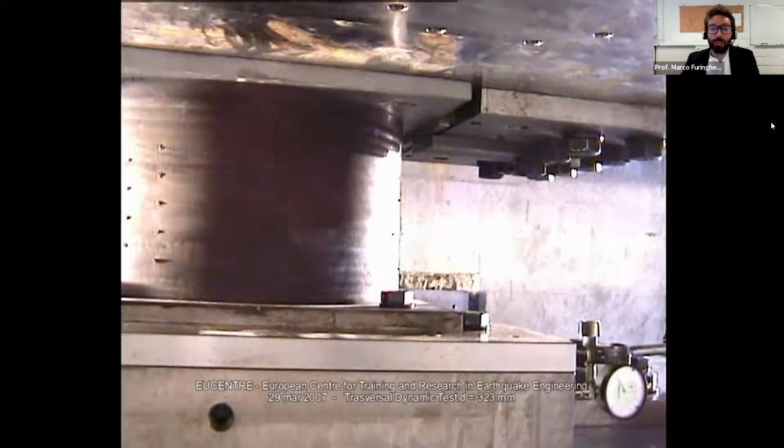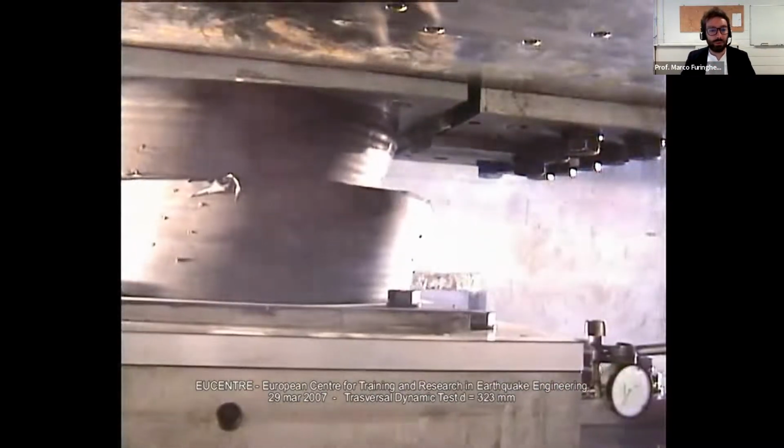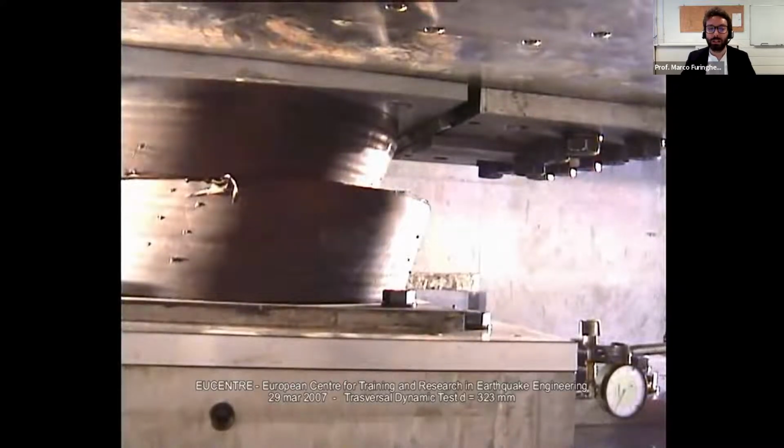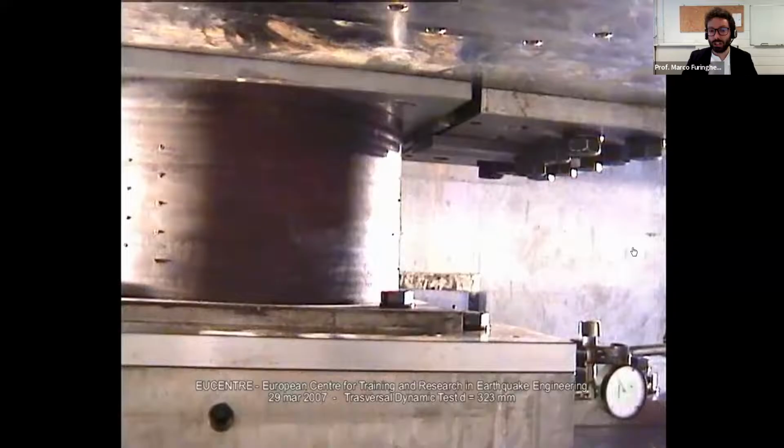And generally, what happens in reality is that if this particular failure occurs, then we can consider a sliding device there, but with a huge value of friction coefficient. So maybe there will be no movement anymore. But here we have movement, just because remember that these tests are performed in displacement control.